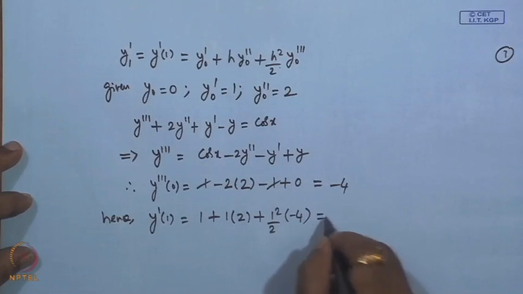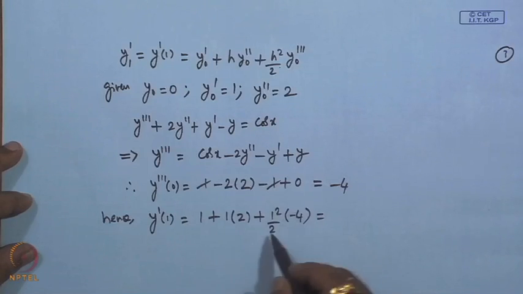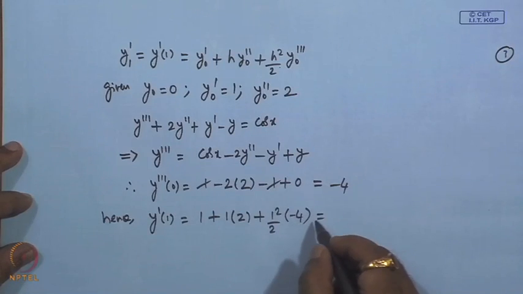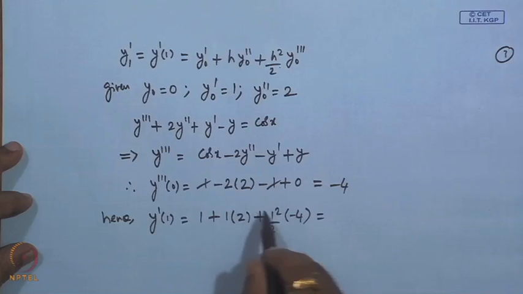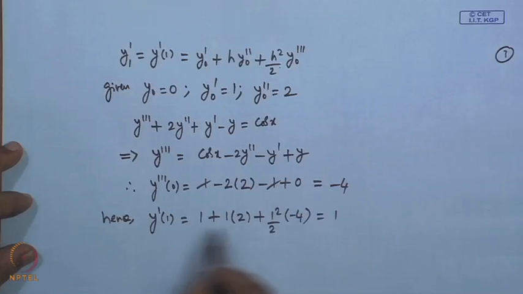The minus 2 and the 2 get cancelled and this will be 1. So, we got the approximation y dash of 1.